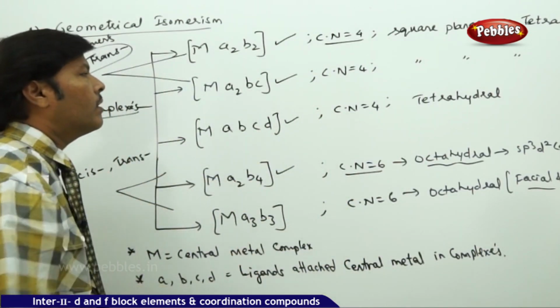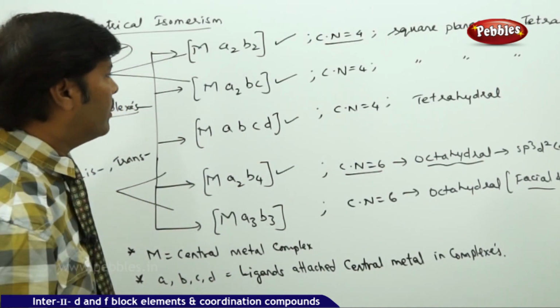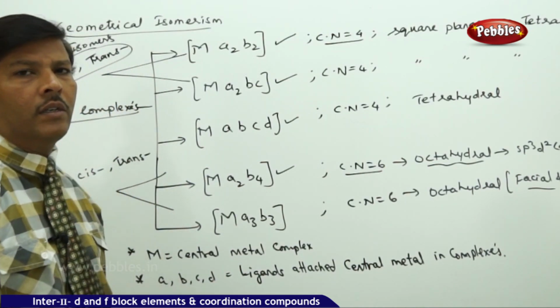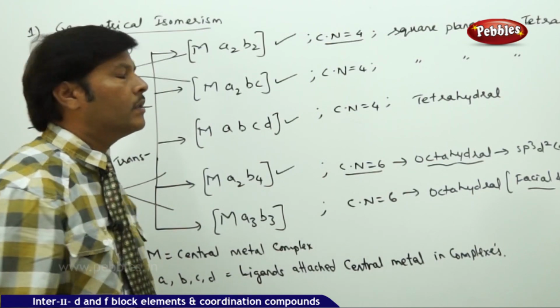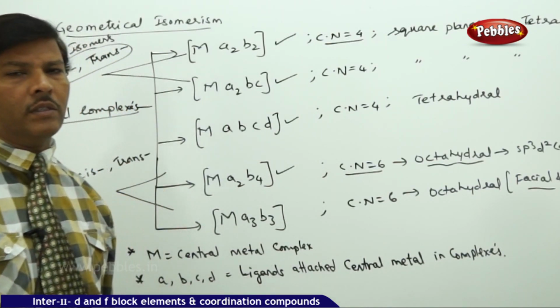So based on this, now we are going to work out different kinds of examples one by one, and we are going to prove how we can get the cis and trans isomers in the case of different metal complexes with coordination number 4 and coordination number 6.